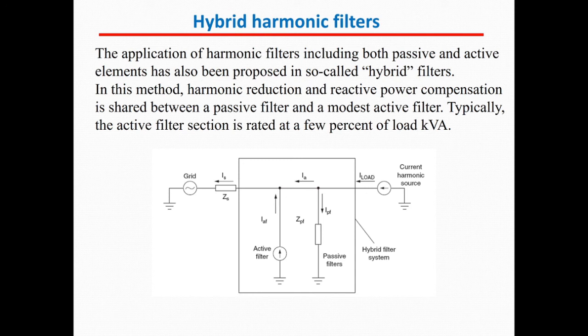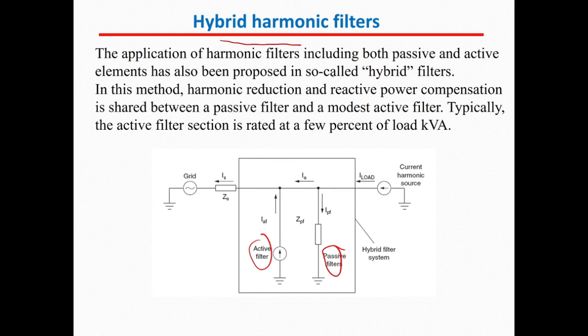Sometimes we can have a combination of both passive and active filters, and in that case we call it a hybrid harmonic filter. So the application of the harmonic filter, including both passive and active, of course, has been proposed in the so-called hybrid.